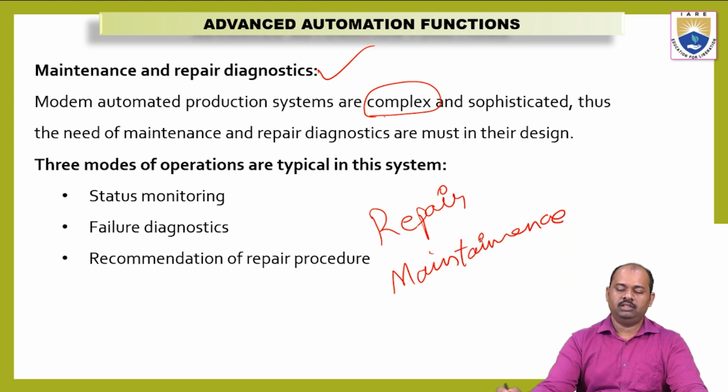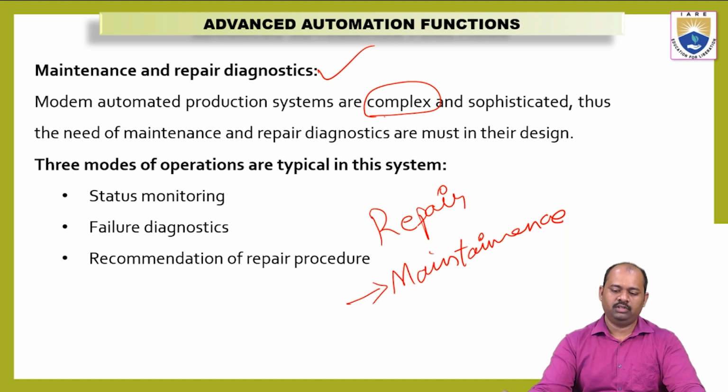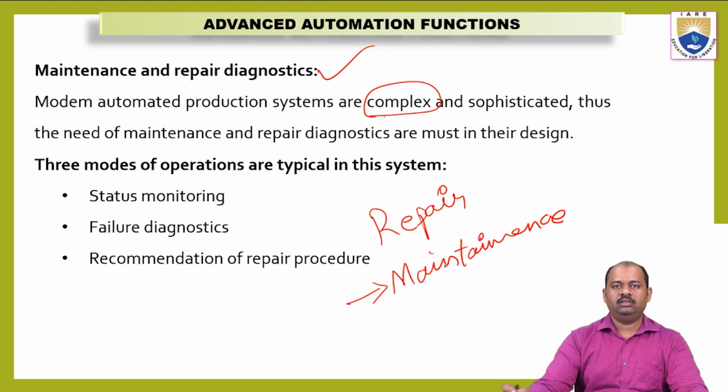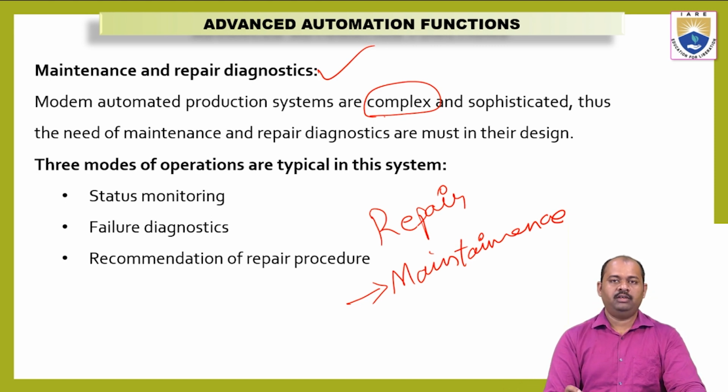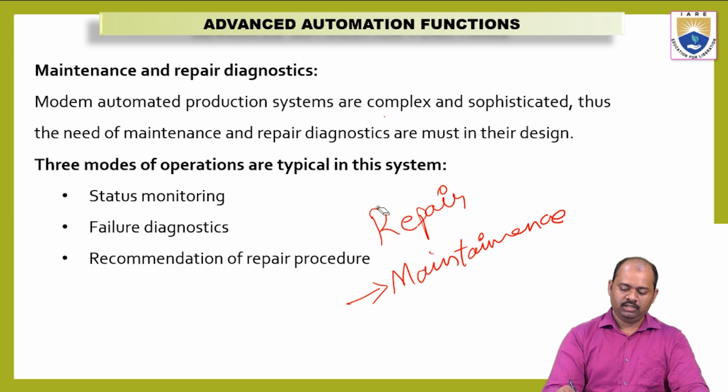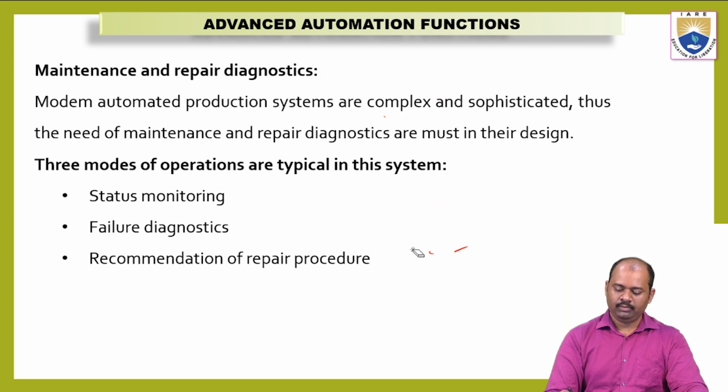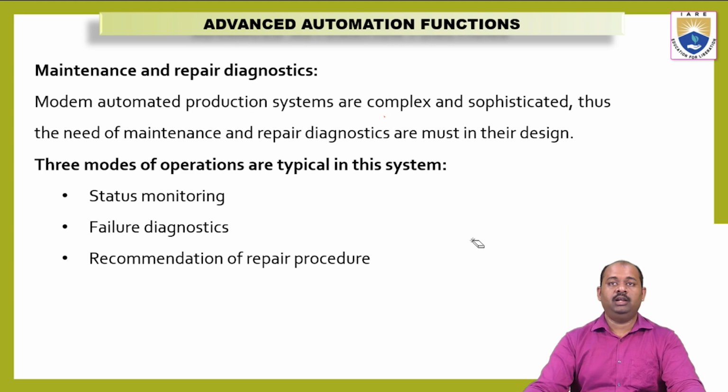In maintenance, before the malfunction or before the damage of the system, we should sense the damage, and this report should be sent to the central processing unit. So both repair and maintenance diagnostics can be sent to the system with the help of automation.